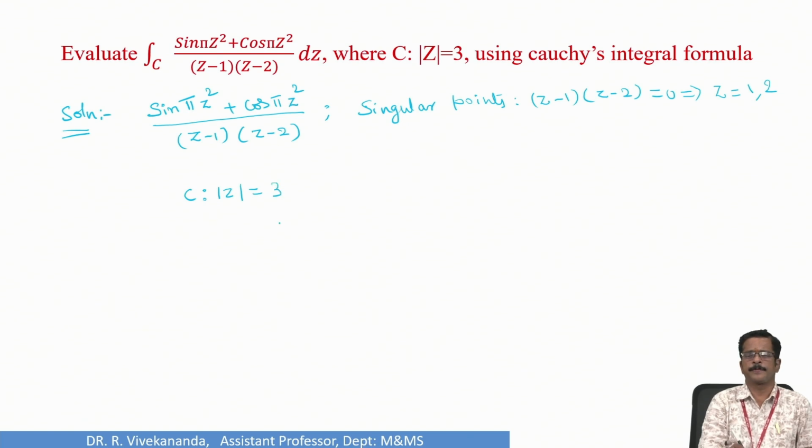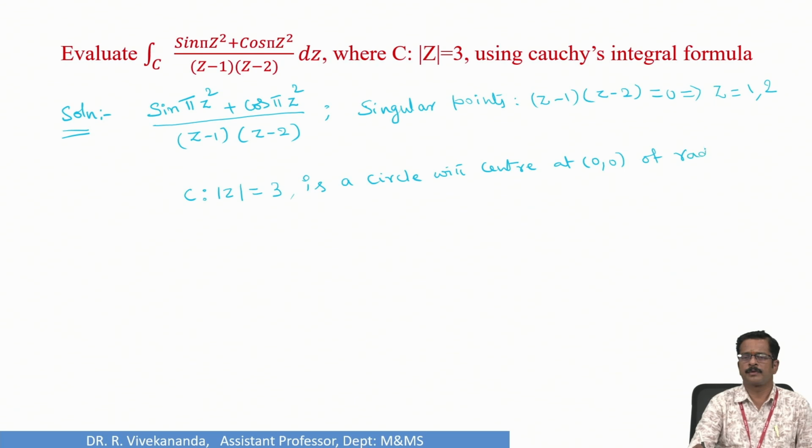Mod z equals 3 is a circle with center at origin, of radius 3 units.